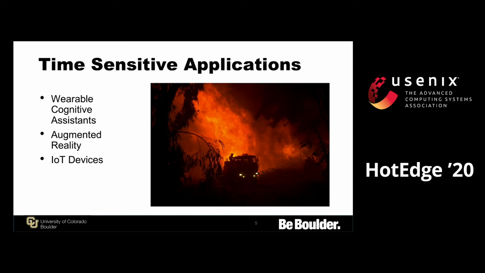Why is this a problem? Well, there are many latency-sensitive applications that rely on LTE, for example, augmented reality, wearable cognitive assistance, and IoT sensors. Latency can be very crucial in public safety applications. For example, command and control applications used by fire departments. These are a good example of a localized, time-sensitive service that cannot rely on a distant cloud data center.